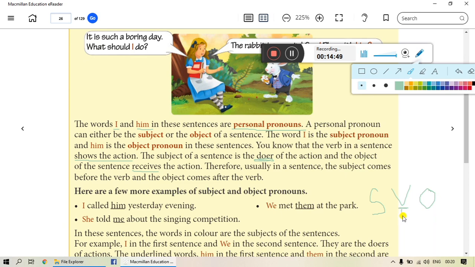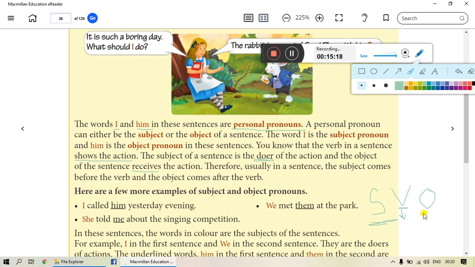For example, if you say, I slapped Shyam. So if you say that you slapped Shyam, slapping is an action, so it will be the verb, and this action is done by you, so you are the subject.